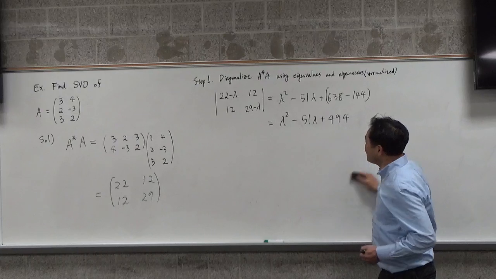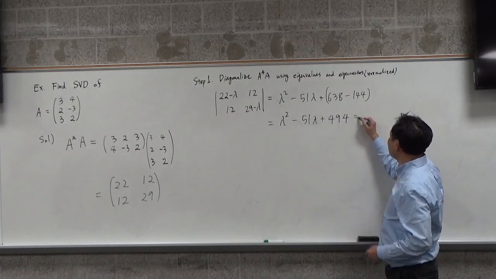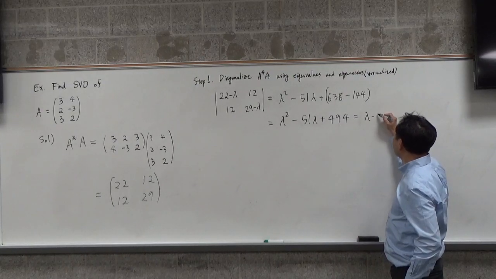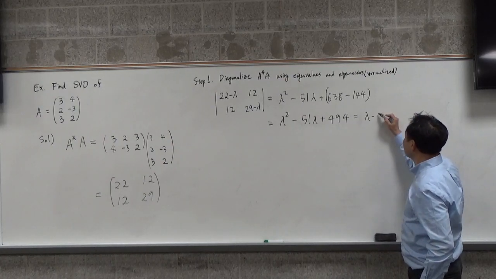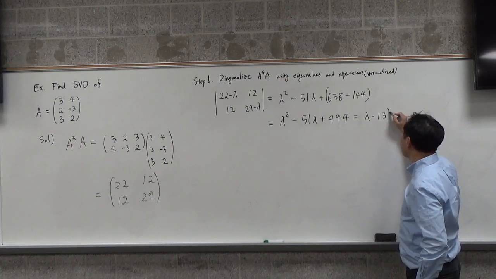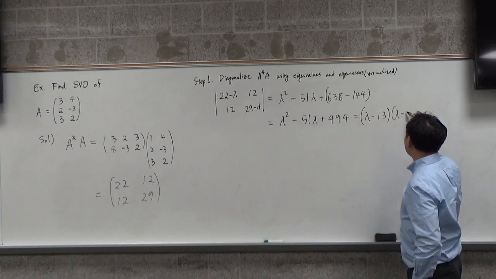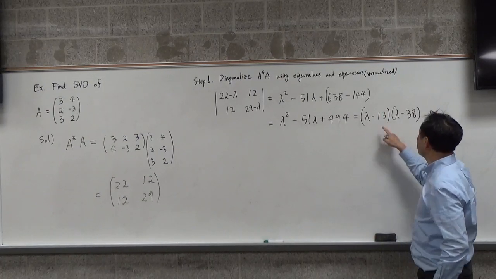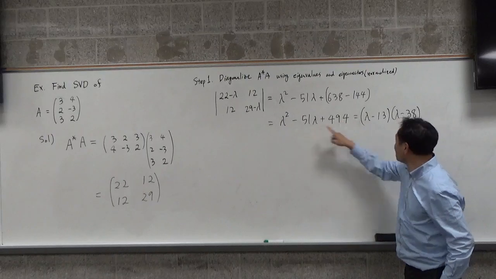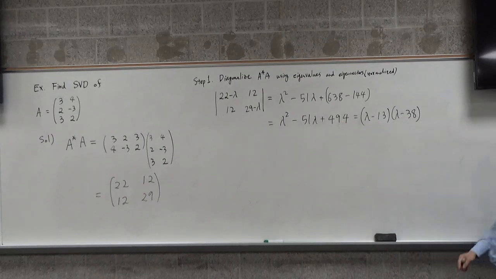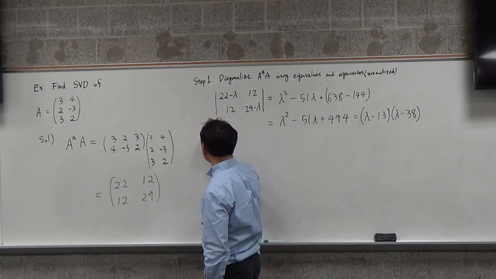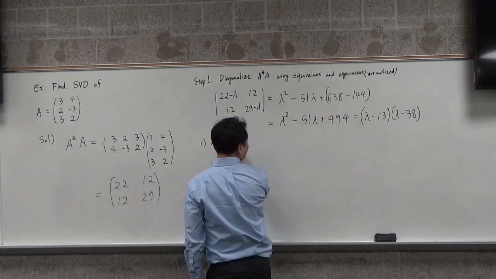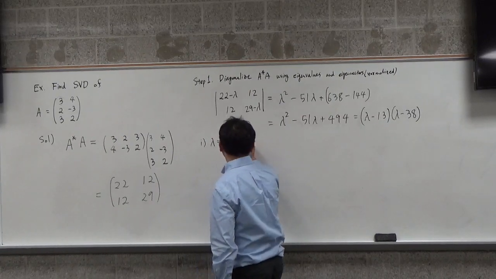Okay, so we now have this as lambda minus 13, and then lambda minus 38. This plus this gives you negative 51. This times this gives you that. Now we have to figure out the eigenvectors. So for case 1, lambda equals 13.